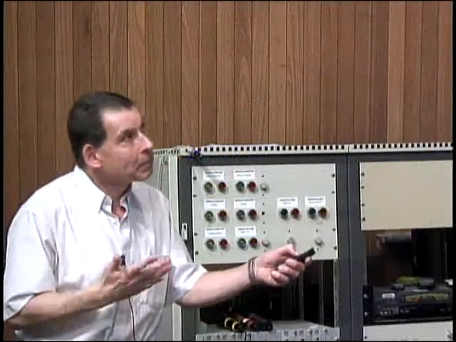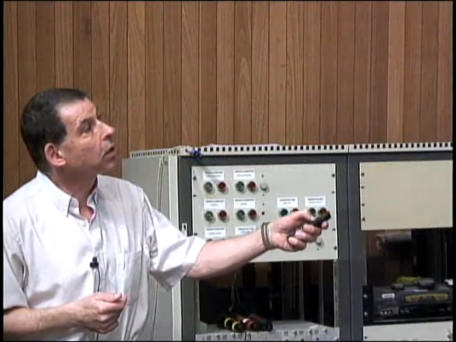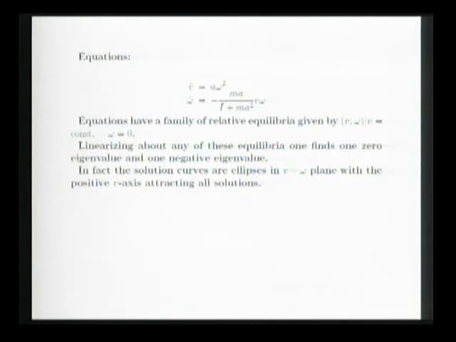The simplest way is just to look at the equations of motion. And again, you can derive this the way I gave you, or you can use Newton's laws. It's quadratic on the right-hand side, just like the general equations that I showed you. And you have a family of relative equilibria given by omega equal to 0. Linearizing about any one of the equilibria in the stable direction, you find a 0 eigenvalue and one negative eigenvalue.